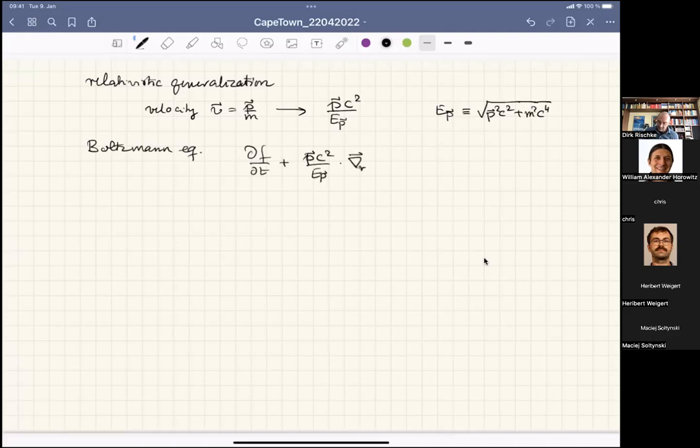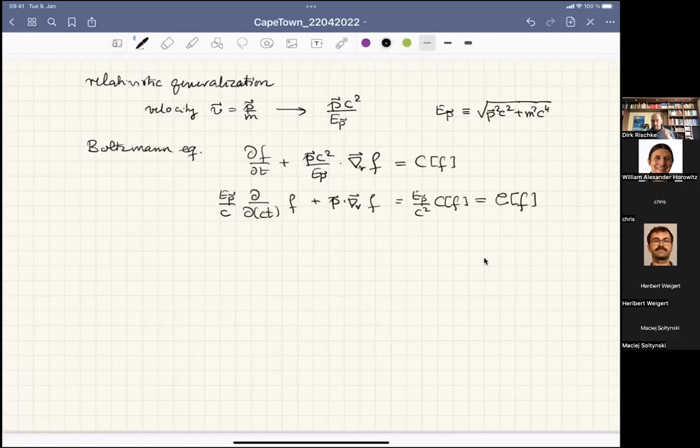Let me neglect the force term again. It's a little bit more complicated in relativistic language. This was if I just put the p over m velocity as this relativistic velocity, multiply with energy and divide by c squared. And this relativistic collision term on the right-hand side, I write as this script C, just for the sake of brevity.